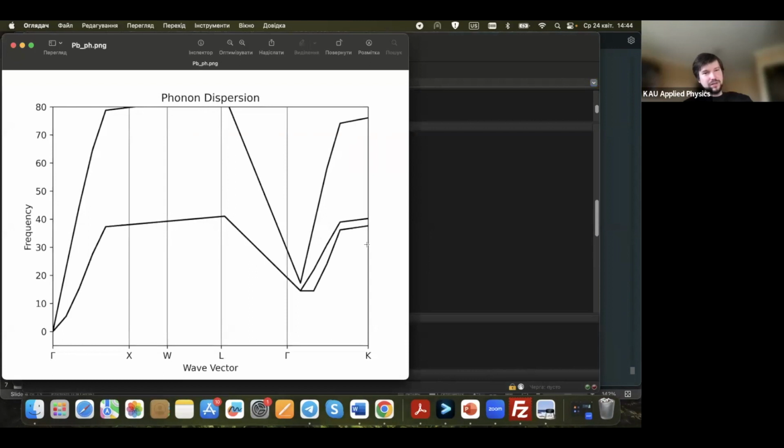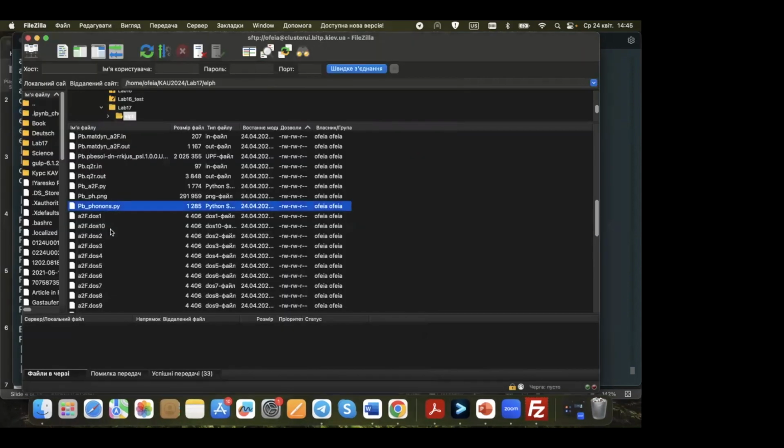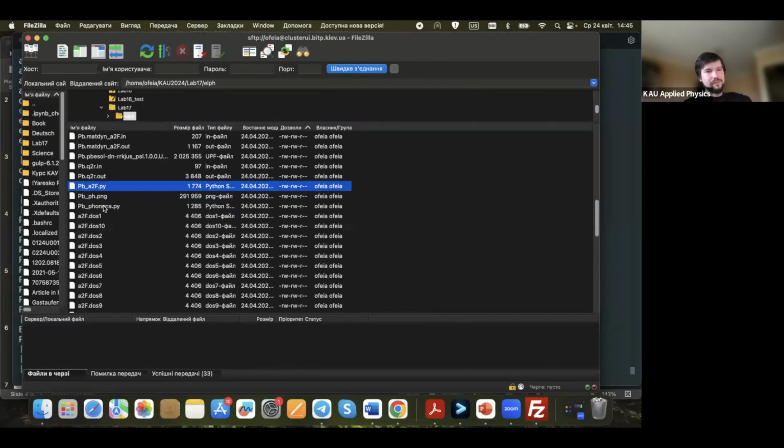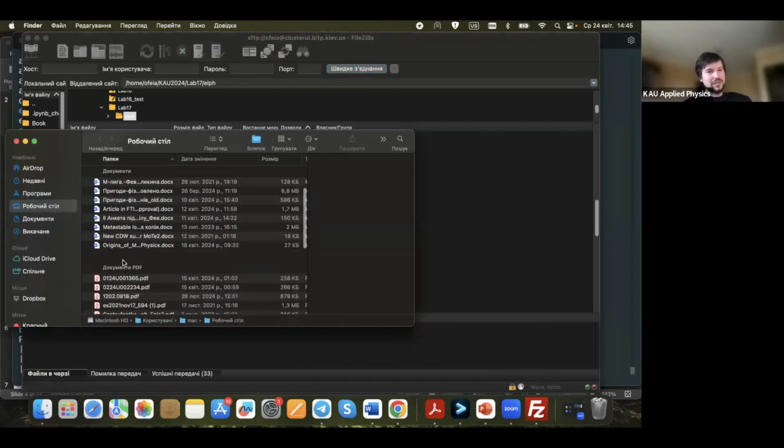Wow, it's super ugly. Yesterday I got something better. Why is it so ugly? Yes, I can show you the plot I got yesterday.